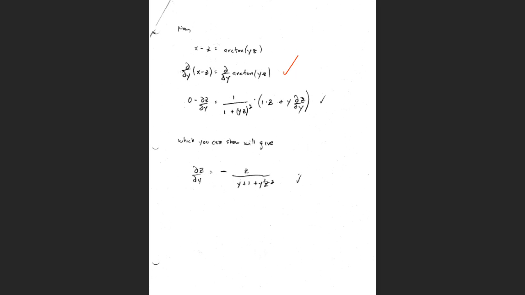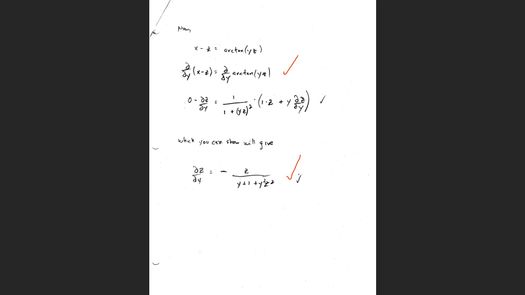I'll mention too, class, I'll just mention this in passing. I didn't show all the steps here, but you can show that the partial derivative of z with respect to y equals negative z divided by the denominator y plus 1 plus y squared z squared.